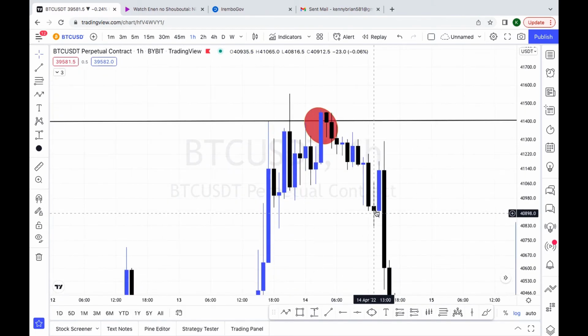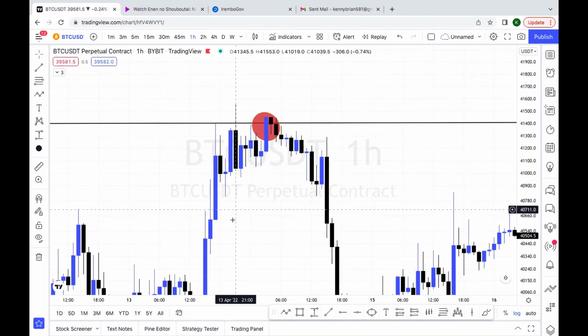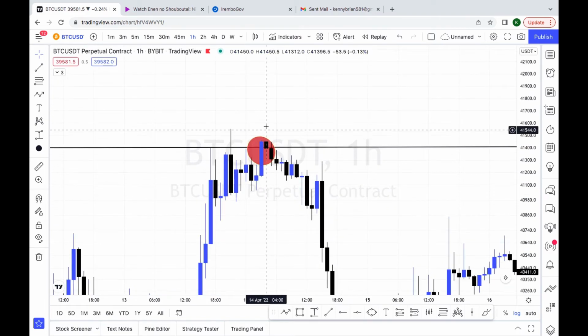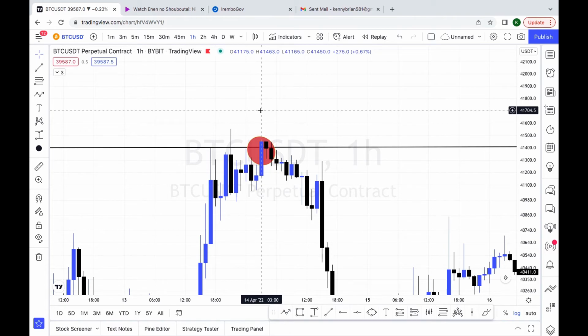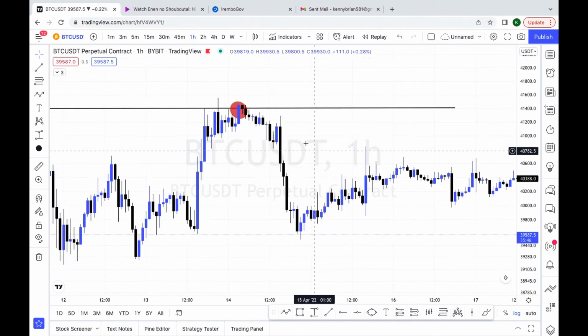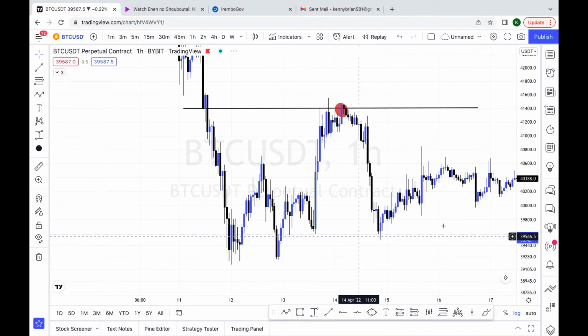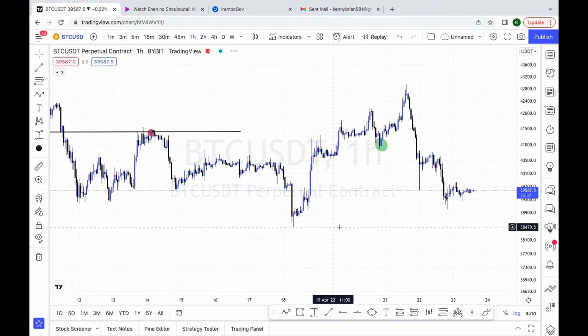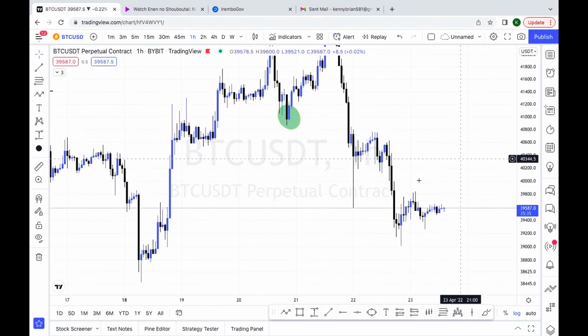We can see that the price was being pushed up. A huge bullish candle, which represents the mom, and then a small bearish candle representing the baby, and from then the market started dropping. Now let me show you a bullish example of the Harami candlestick pattern.